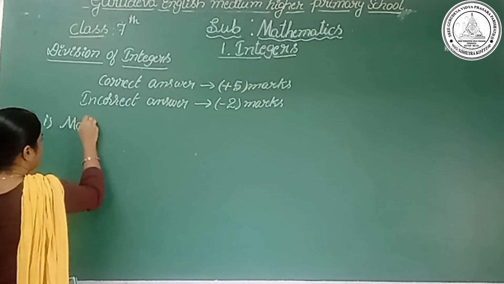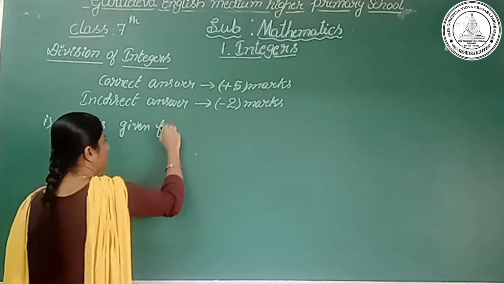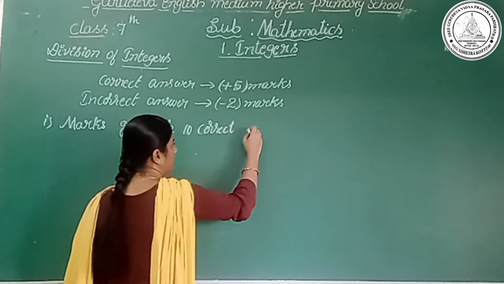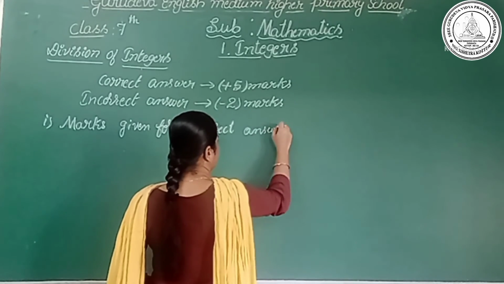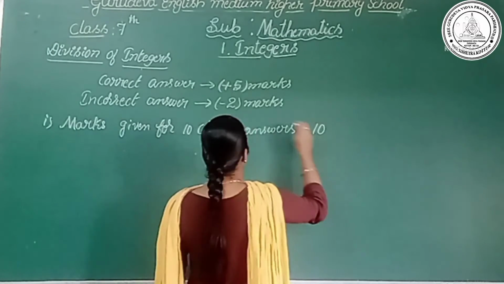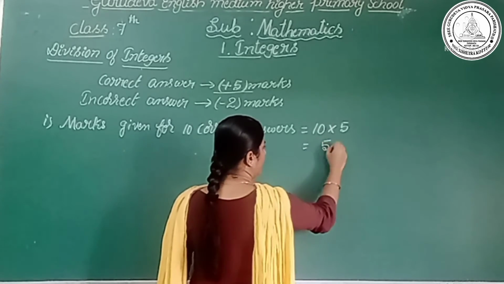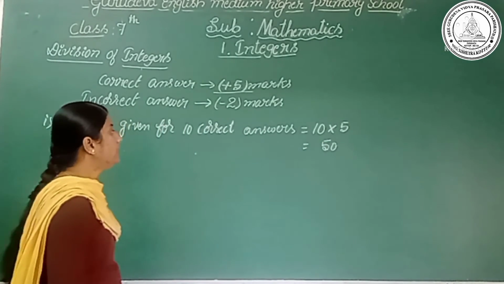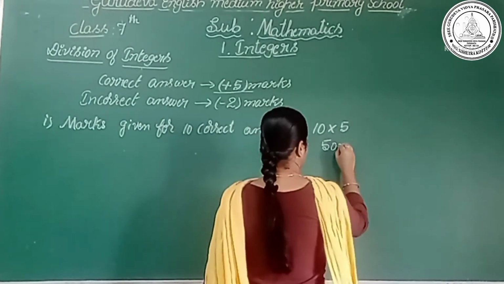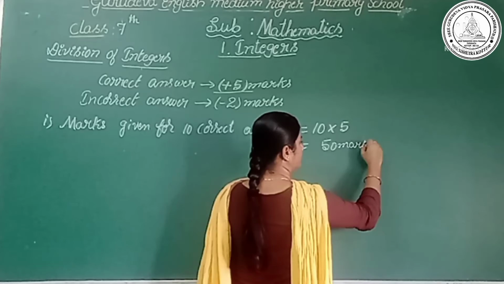So marks given for 10 correct answers is equal to, so 10 correct answers are there. For each question they will give 5 marks, 10 into 5, which is equal to 50. So for 10 correct answers she got 50 marks, right?